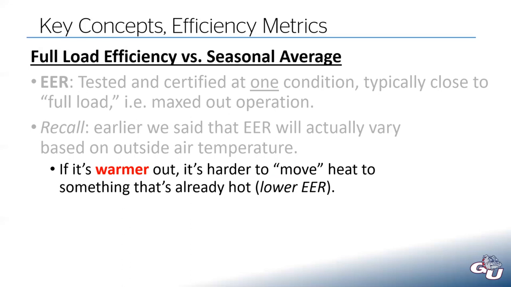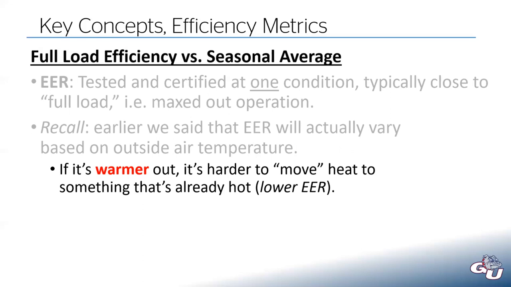These air conditioners are using refrigerant to essentially counteract what the building wants to do. So if it's really hot outside, that heat is trying to heat up the building, and we are using the air conditioner to instead move that heat from inside to outside.